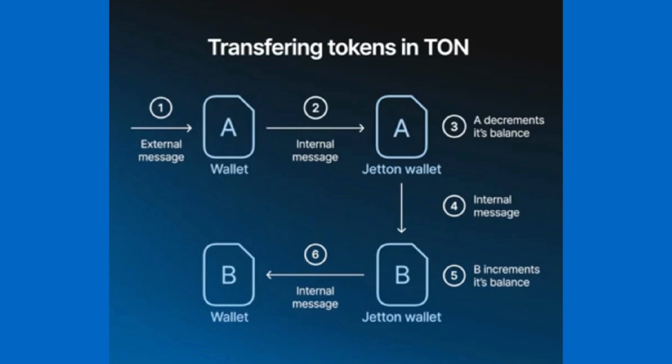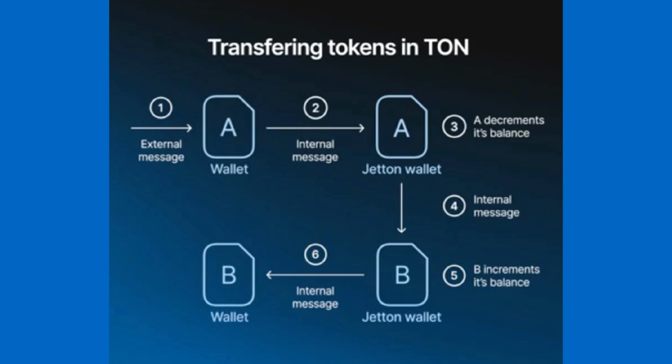And they have a very interesting trick to authenticate transfers between them. Whenever the user wants to transfer a token from one account to another, they first send an external message to their wallet.